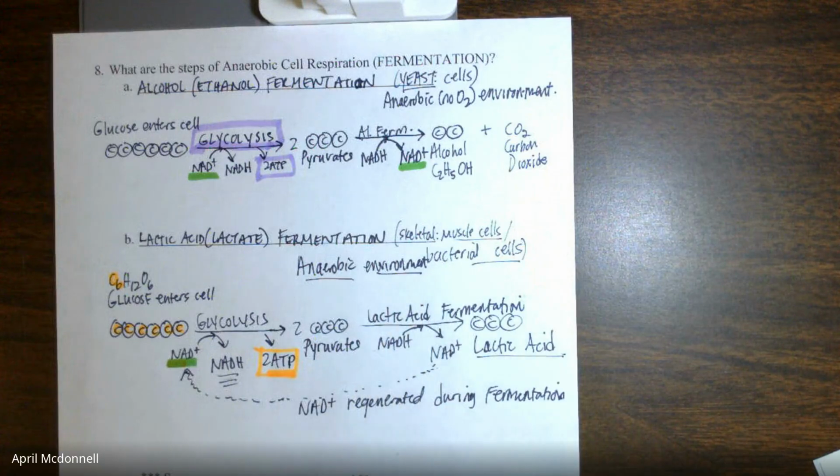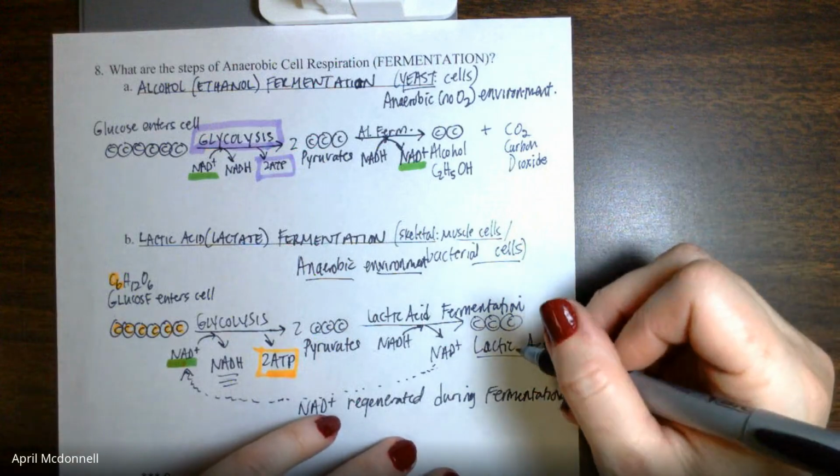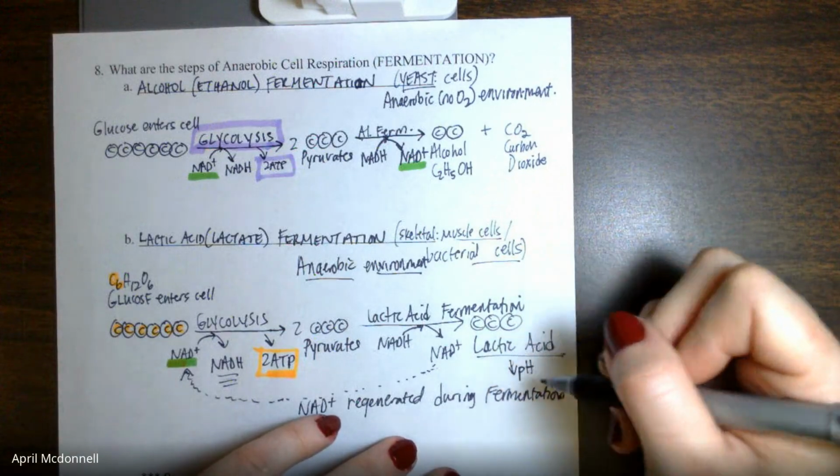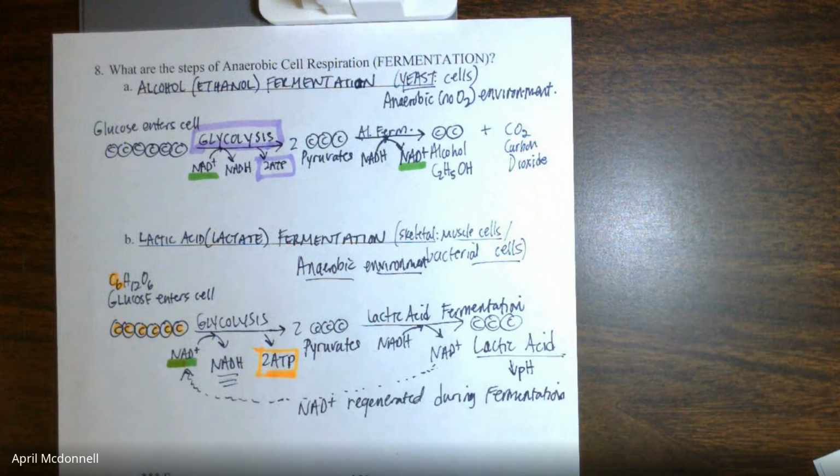The reason is that lactic acid is going to decrease the pH in that area of your muscles, and that actually triggers some pain receptors when the change in the pH is picked up.